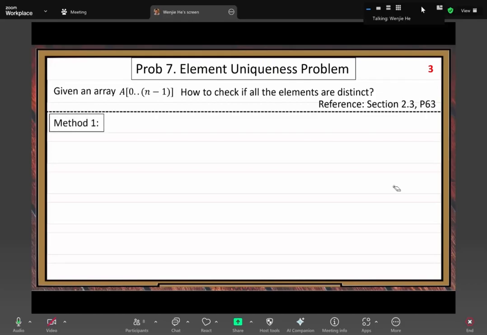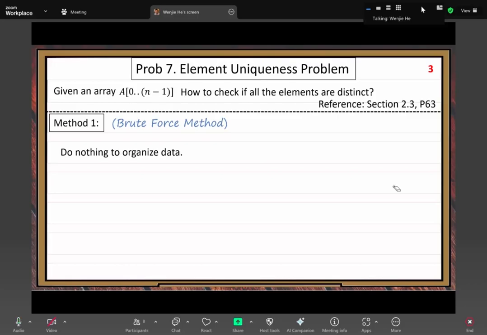All right. Method 1. Method 1, brute force method. So don't do anything fancy. Just work it out in a straightforward way. Brute force. So that means we do nothing to organize data, right? So don't do anything to organize data.